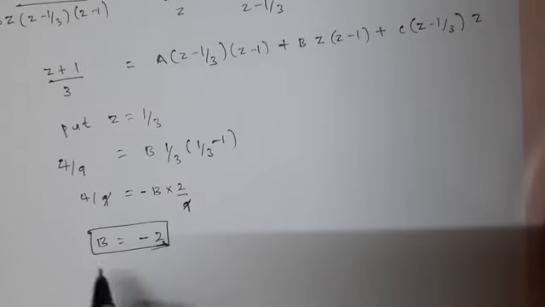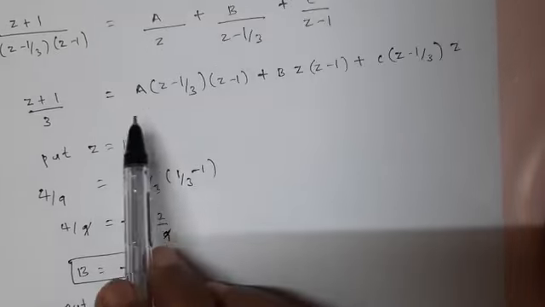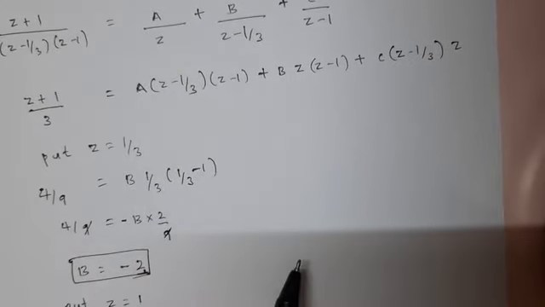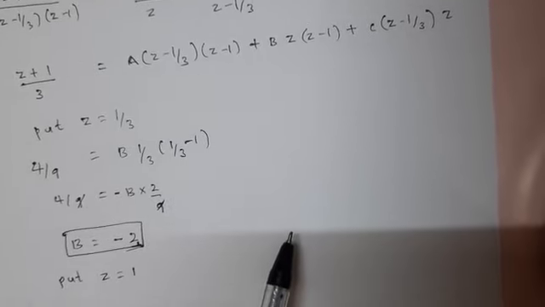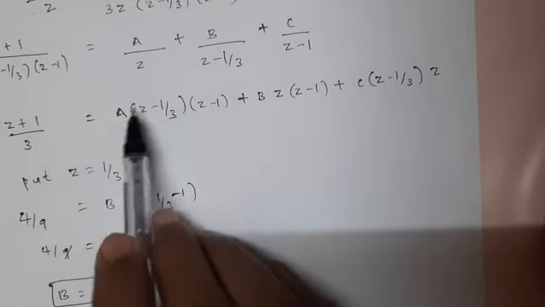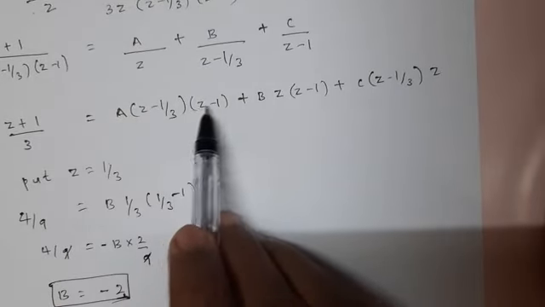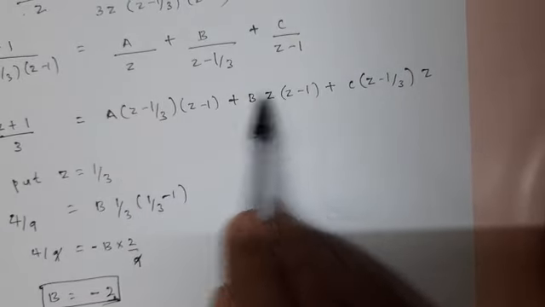Next, put z equal to 1. To get the values a, b, c, you can use any of the methods you have learned in your mathematics. It is no hard and fast rule that you should follow this only. Put z equal to 1. When I put z equal to 1, 1 minus 1 is 0, so this whole term gets 0, and only this one is left out.